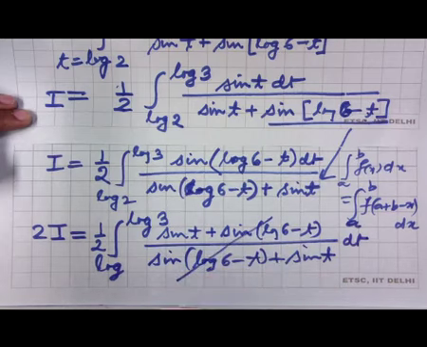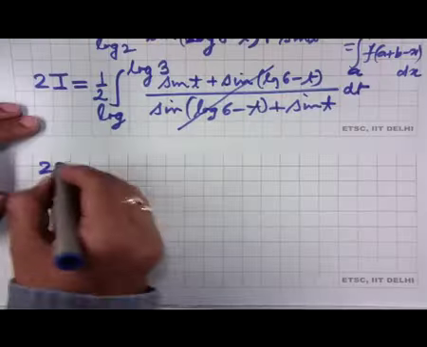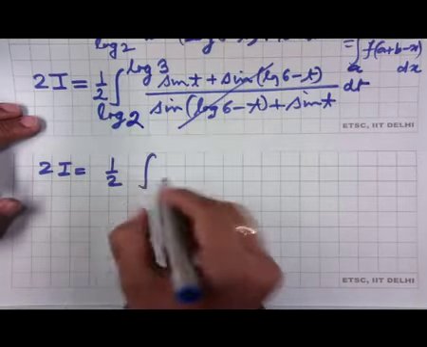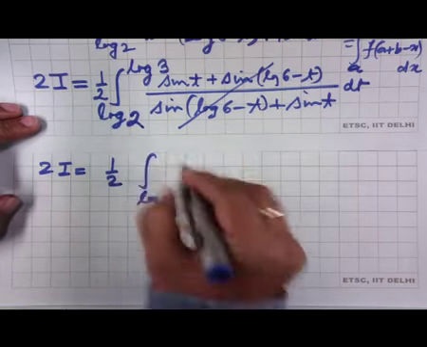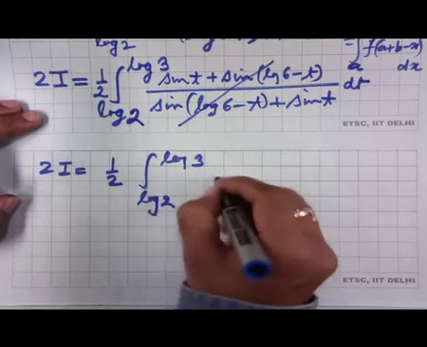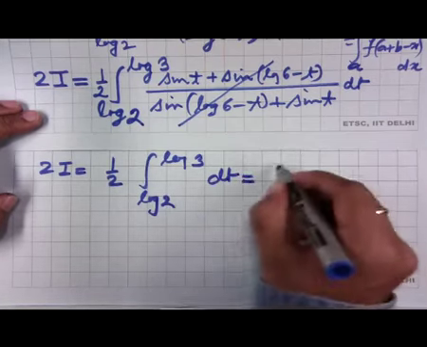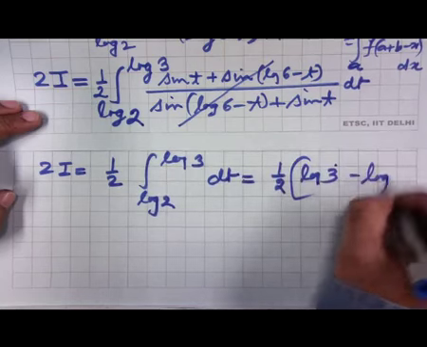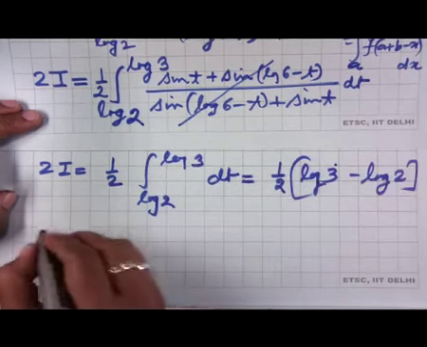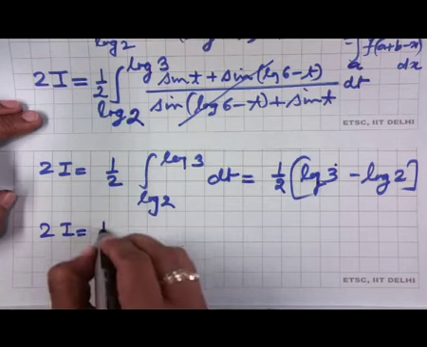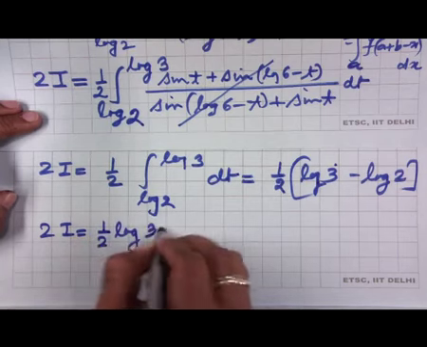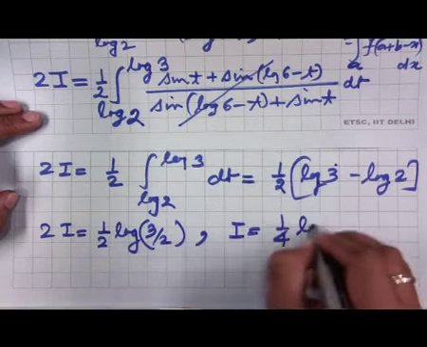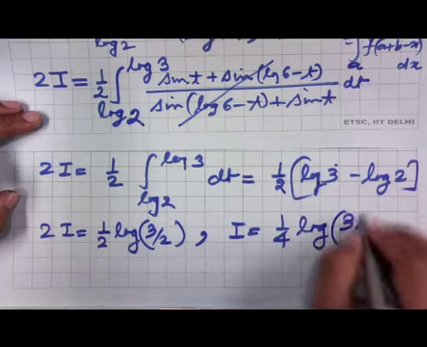This gets cancelled and you get 2I equals 1 by 2 times the integral from log 2 to log 3 of dt, which is equal to 1 by 2 (log 3 minus log 2). Therefore I is 1 by 4 log of 3 by 2.